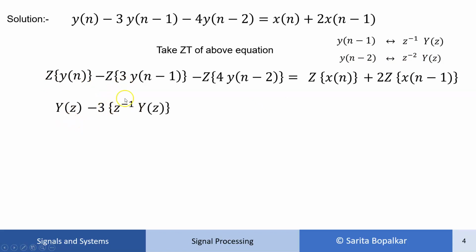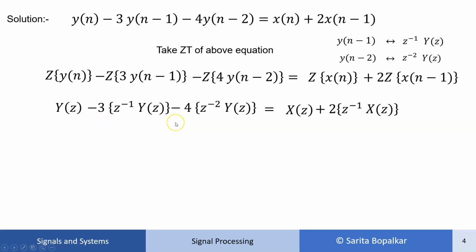For 3, taking it outside, y of n minus 1 is Z raised to minus 1 Y of z. For 4, taking the constant outside, y of n minus 2 is Z raised to minus 2 Y of z. This equals X of z plus 2 Z raised to minus 1 X of z. This is the Z transform.